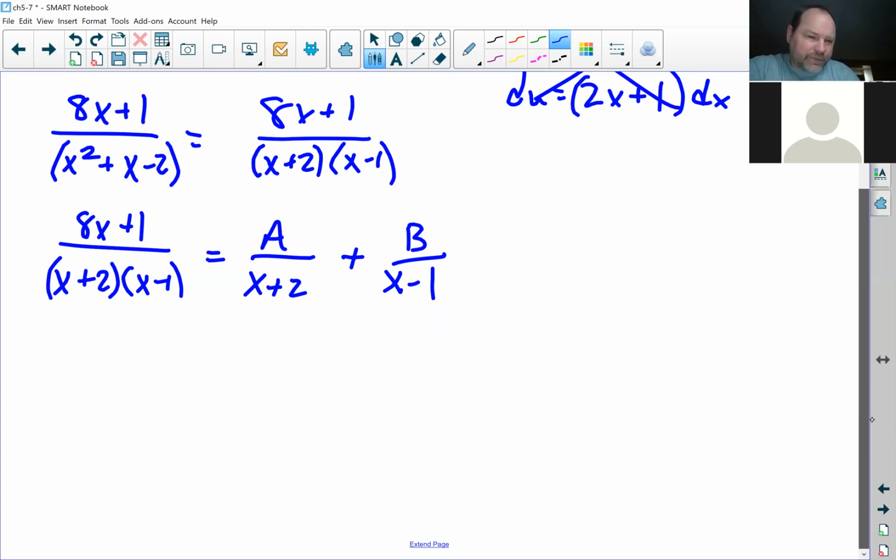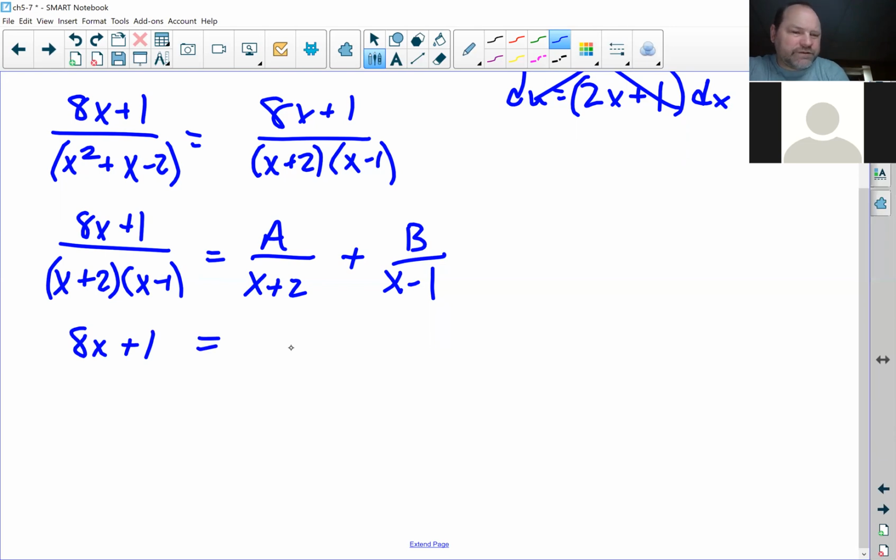All right. Then what I would do is multiply by the denominator that I have on the left-hand side, so I get rid of my denominators. When I multiply it on the right for the first term, the x plus 2 cancels, leaving me with x minus 1 times a.